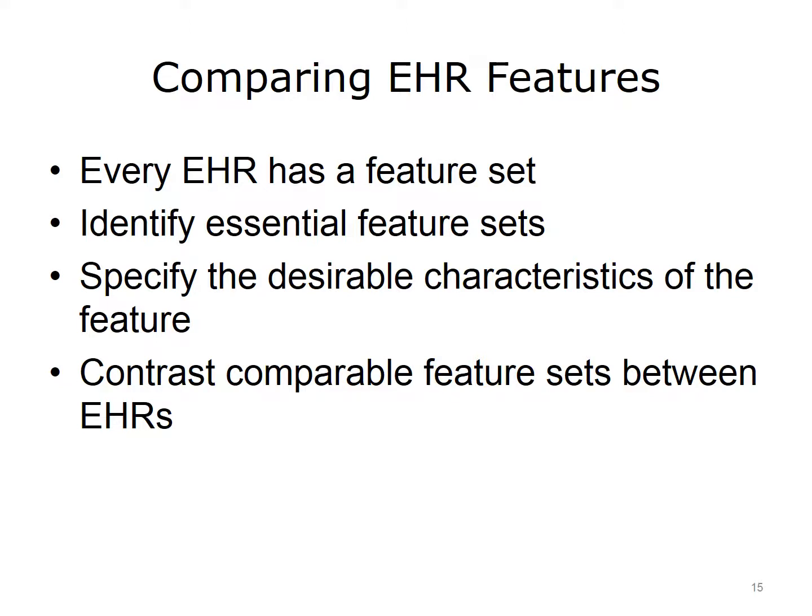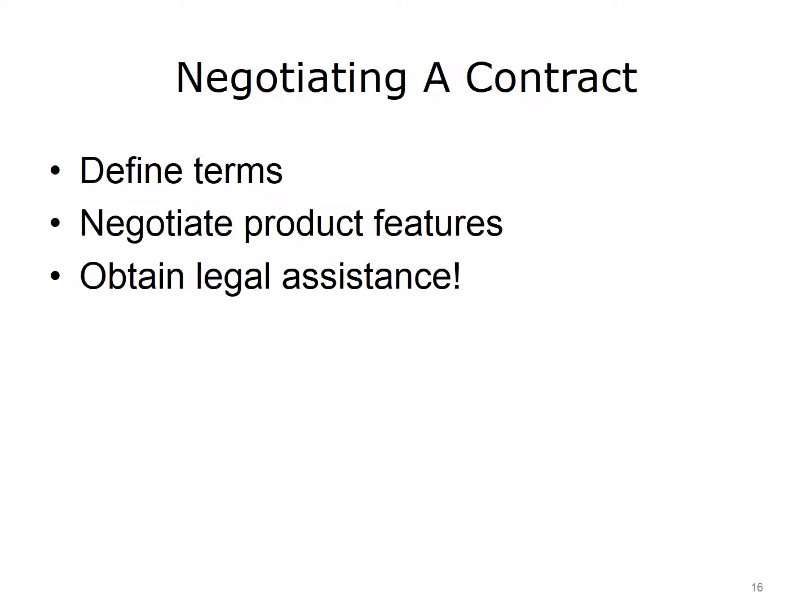An EHR with this characteristic may increase clinician buy-in and reduce clinician resistance to change. If the EHR systems under consideration have several similar features, it may be helpful to consider other distinguishing factors, such as usability and robustness of features.